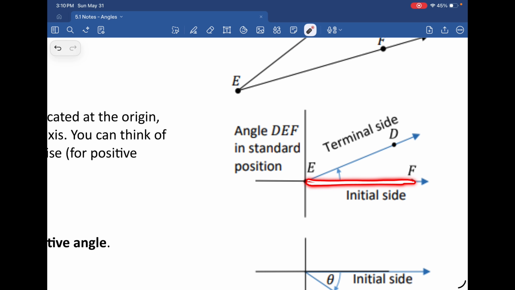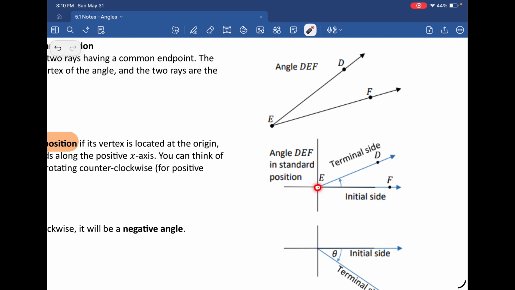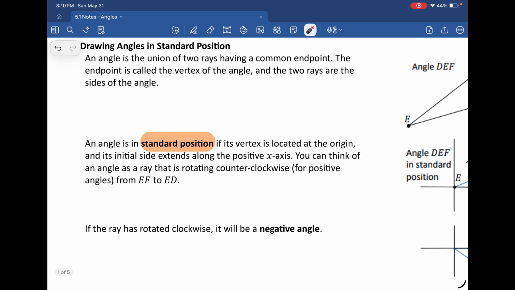So we have initial side, vertex, and the rotation of your angle is shown by the terminal side. In standard position, the vertex is at the origin, the initial side is on the positive x-axis, with rotation shown by the terminal side.